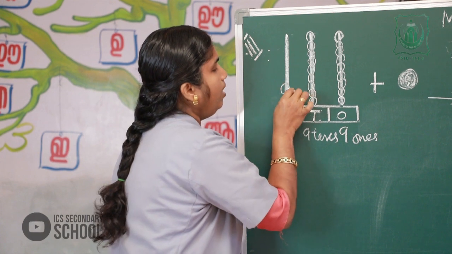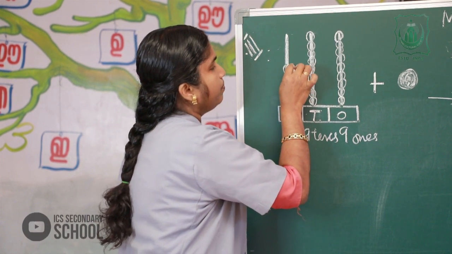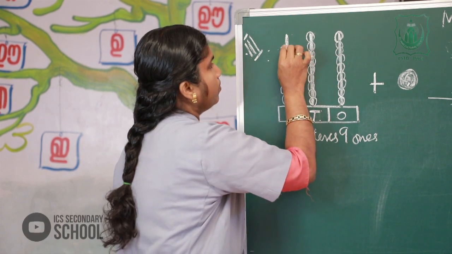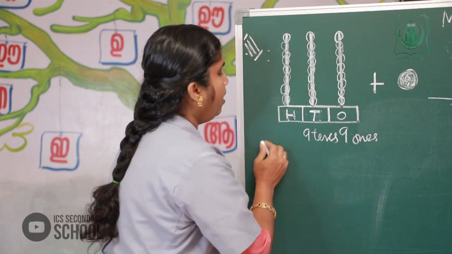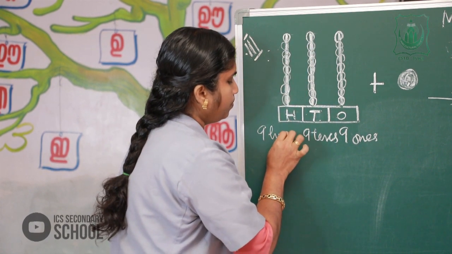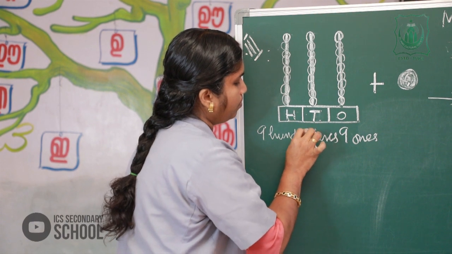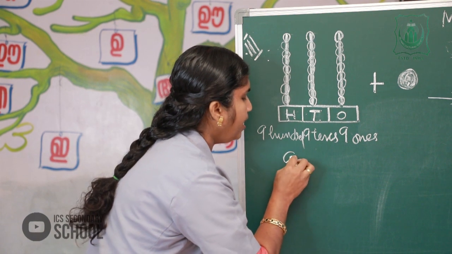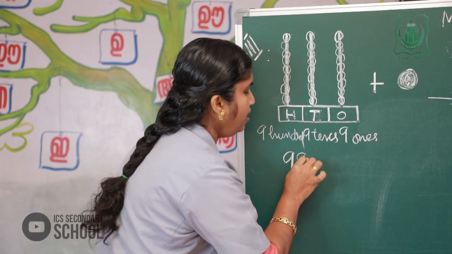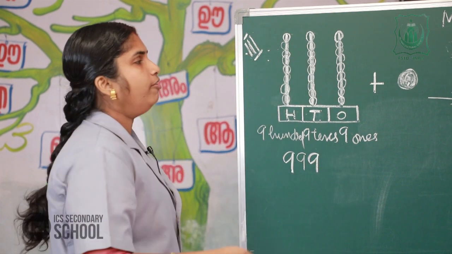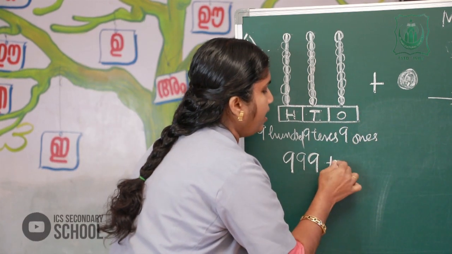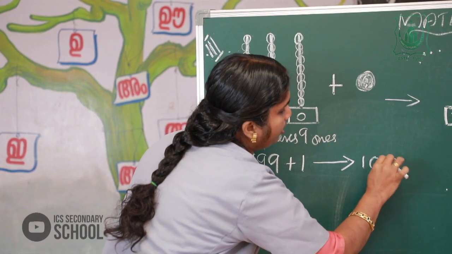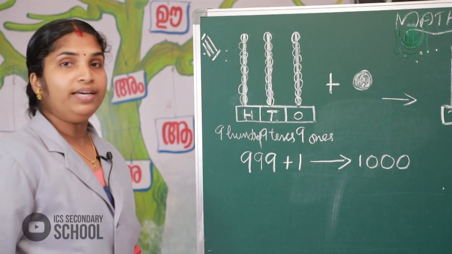Here also we fill 9 beads. Okay, 9 hundreds. We get the number 999. We add the 1 bead here, plus 1, we get 1000. We get a 4-digit number, the smallest 4-digit number, 1000.